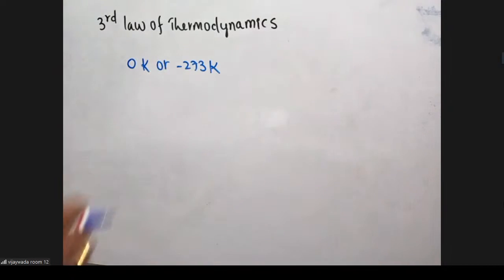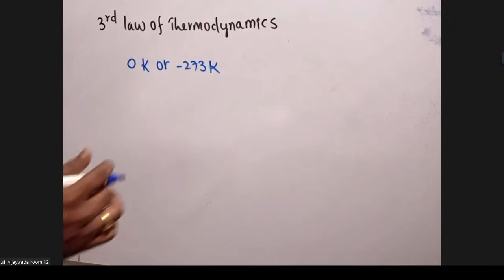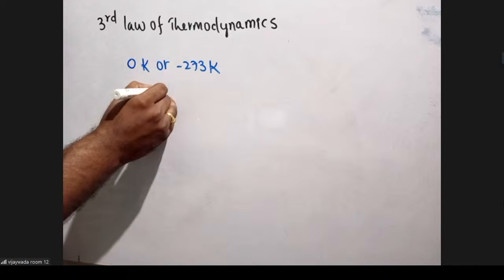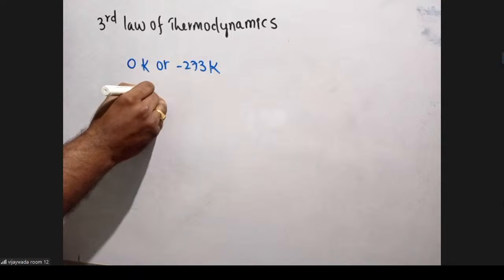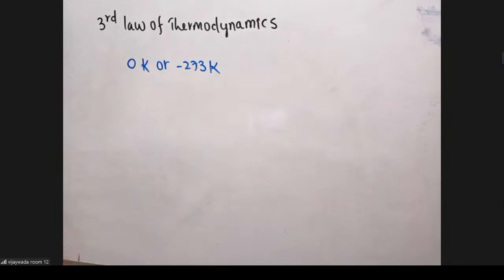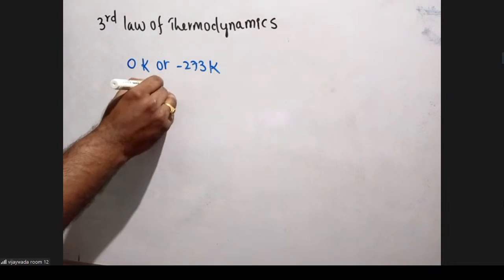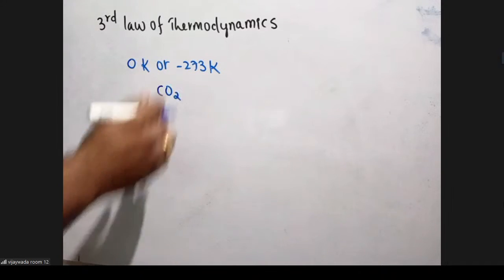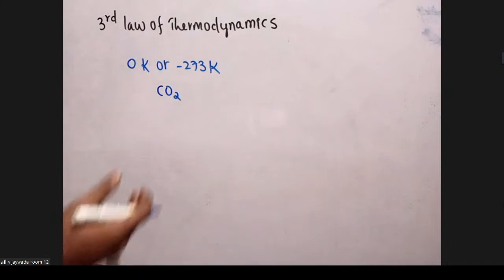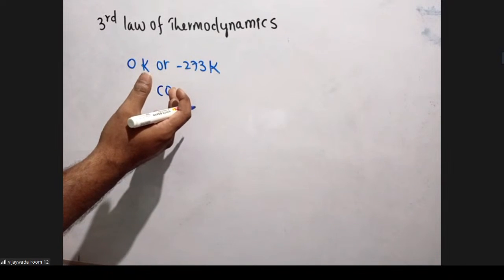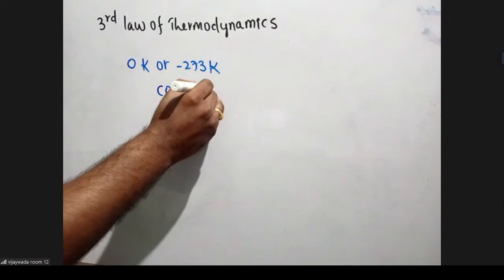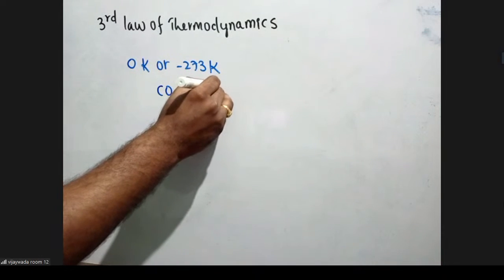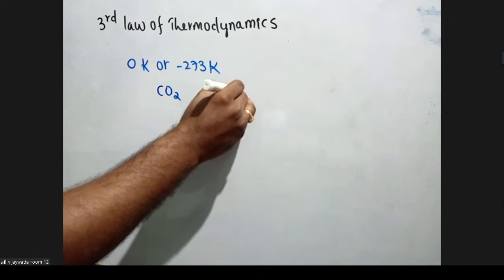At this temperature, any kind of gas will definitely solidify. If it solidifies in a perfectly crystalline order, suppose you take carbon dioxide or any kind of gas, if it is subjected to low temperature at 0 Kelvin, all carbon dioxide molecules are perfectly ordered.